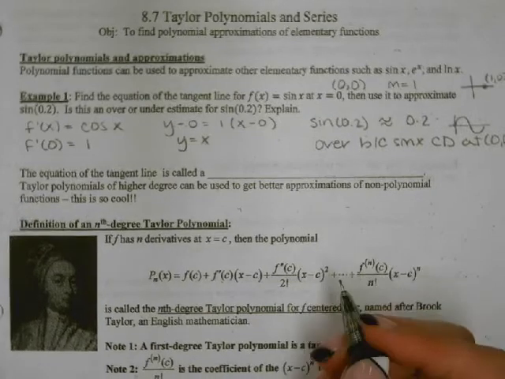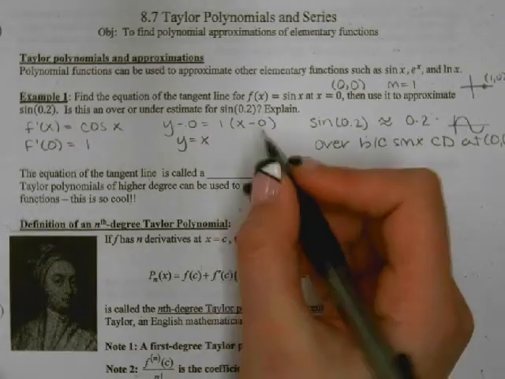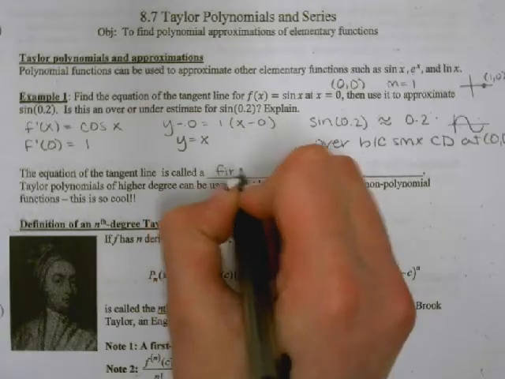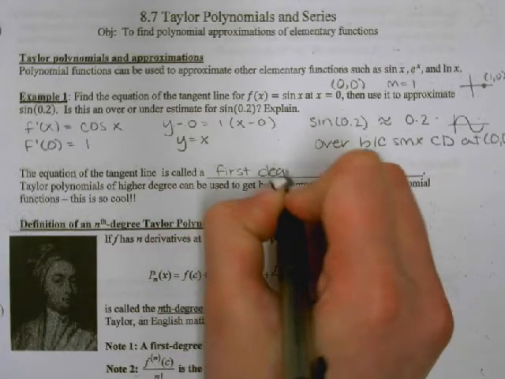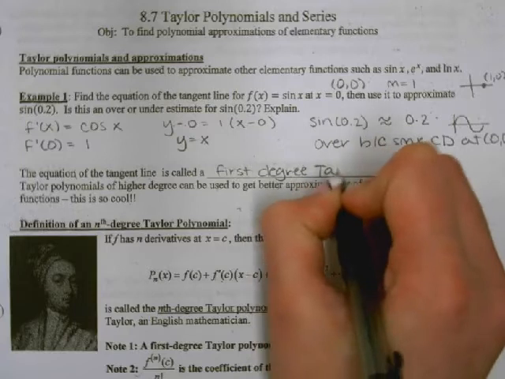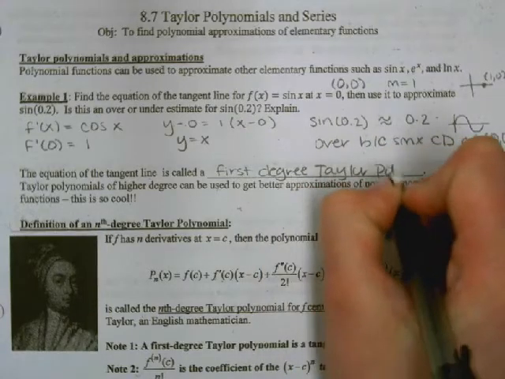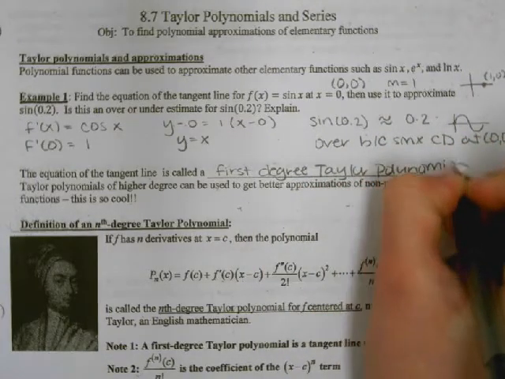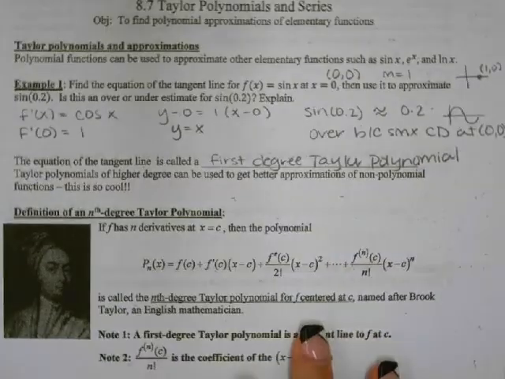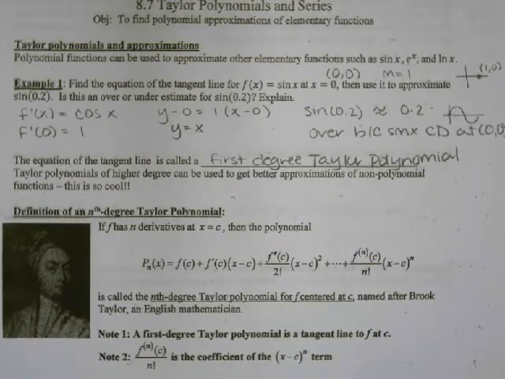All right, the equation of the tangent line is called a first degree Taylor polynomial. And that's what this video is going to be about, Taylor polynomials and then MacLaurin polynomials, which we're going to look at in just a second.